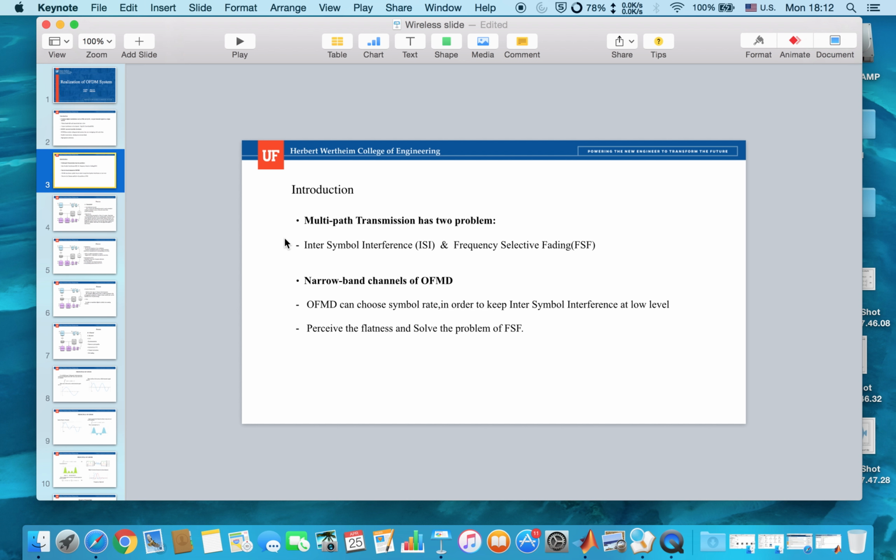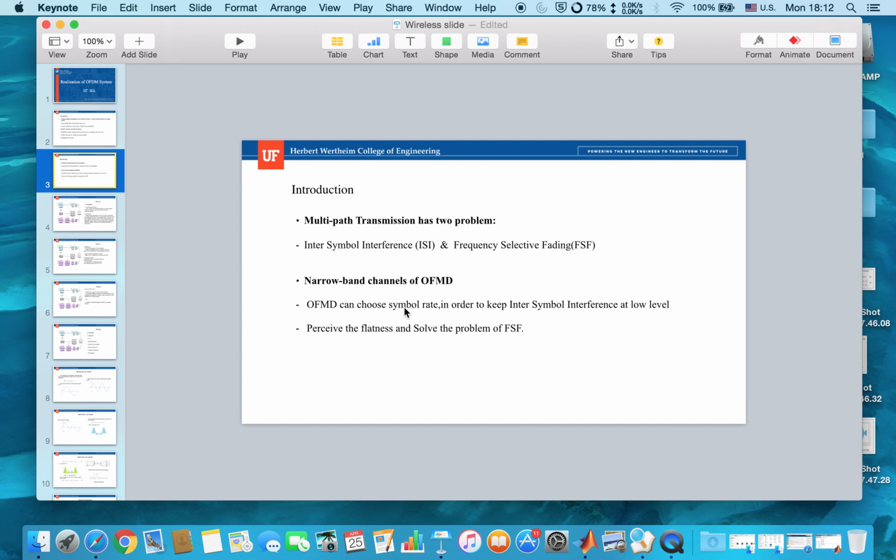But multipath transmission always has two problems. First is inter-symbol interference, which is ISI, and second is frequency selective fading, that is FSF. Because of the narrow band channels, OFDM can avoid these two problems.